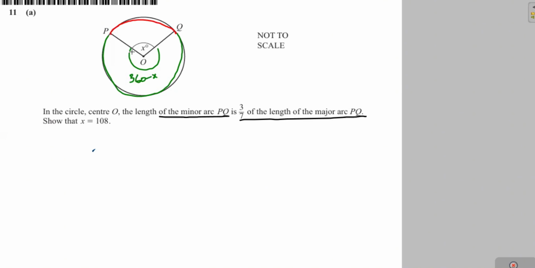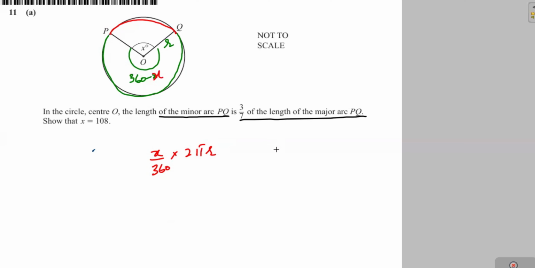Now, firstly, we take the length of minor arc. The length of minor arc will be x over 360 multiply 2 pi r. The major arc length, here is the angle, here 360 minus x.